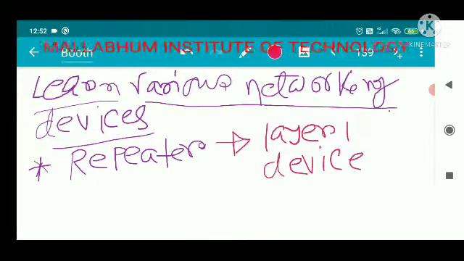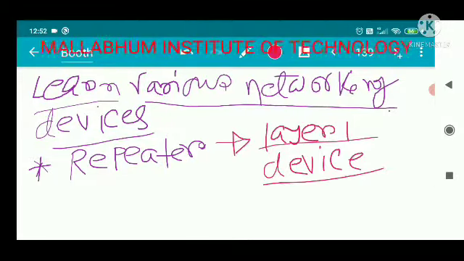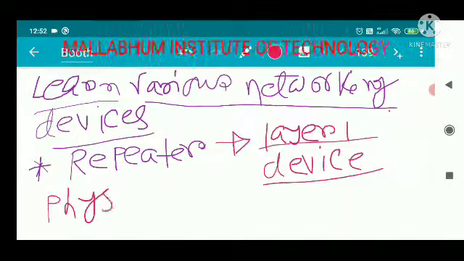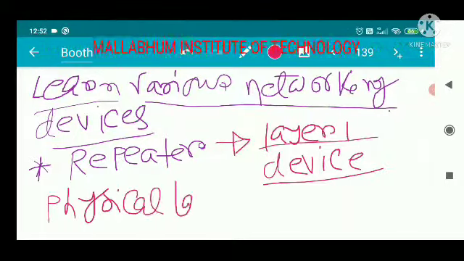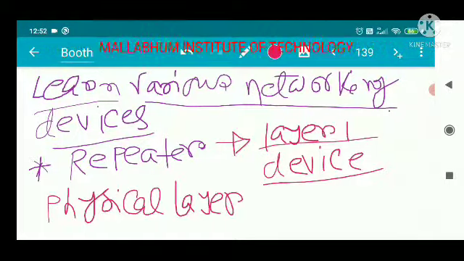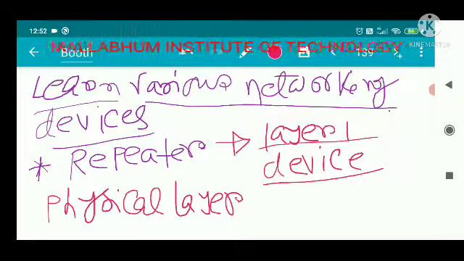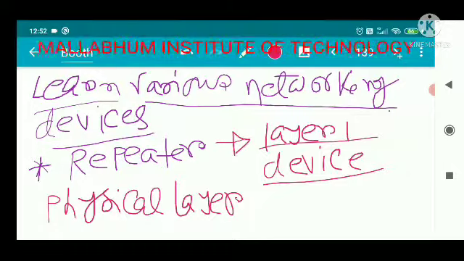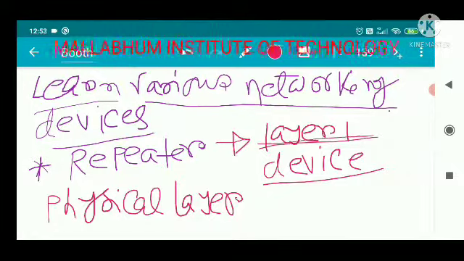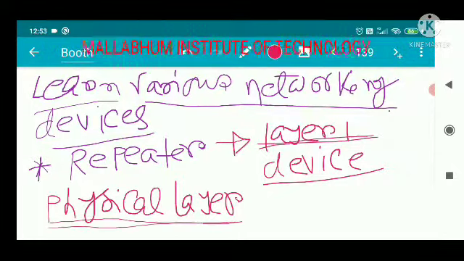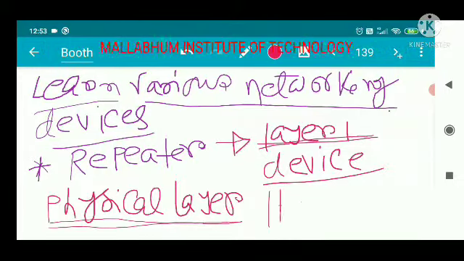Layer 1 device means it operates in the physical layer. Now I am discussing some of the characteristics of each of the devices, and later we will discuss them broadly.